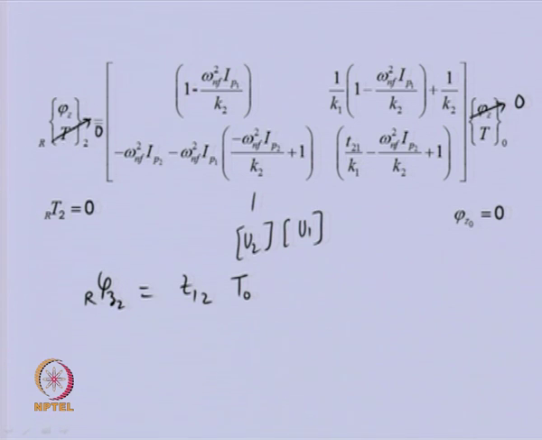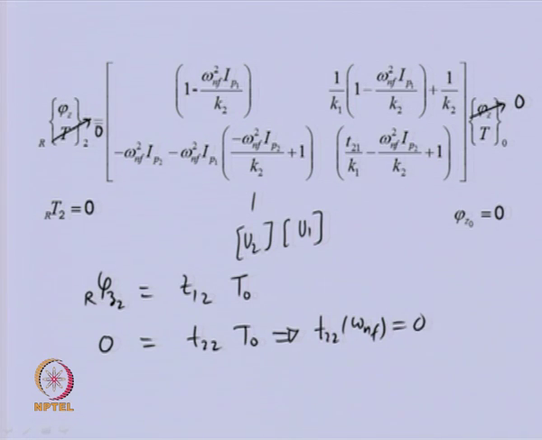The second equation will give us T22 times T naught, and T22 is this one. You can see that in the second equation, because this cannot be 0 at the free end or at the fixed end, we need T22, which is a function of natural frequency, to be equal to 0.